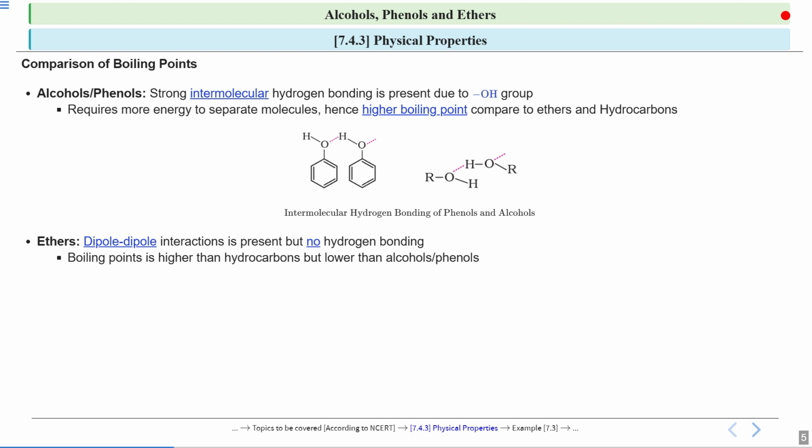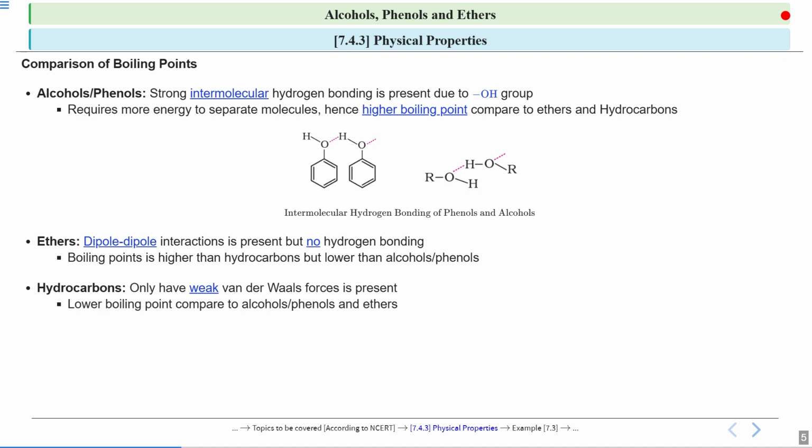But if we talk about hydrocarbons, then in hydrocarbons only weak van der Waals force is present. Since this van der Waals force is weak, you have to give even less energy for the molecules to separate. So if you are giving less energy, that means the boiling point will be lower as compared to alcohols, phenols and ethers. So hydrocarbons have the lowest boiling point.